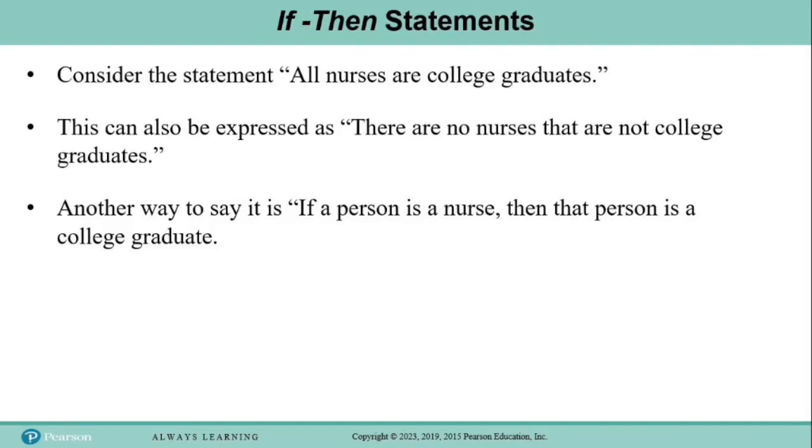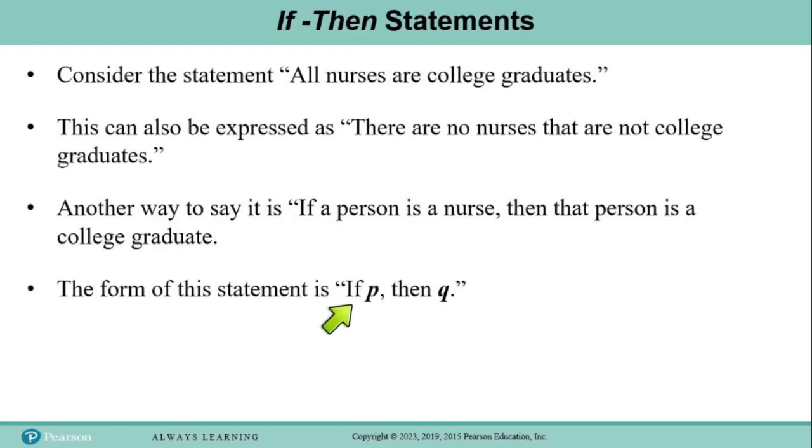And another way to say the same thing with an if statement is to say, if a person is a nurse, then that person is a college graduate. The form of this statement is if P, then Q. So statement P here would be a person is a nurse, and statement Q would be a person is a college graduate. So if P, then Q.